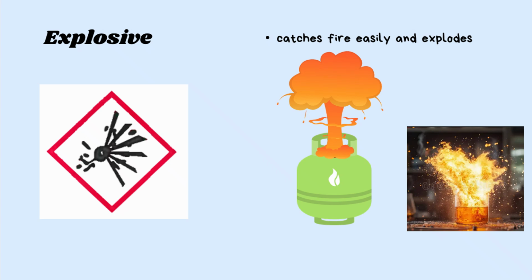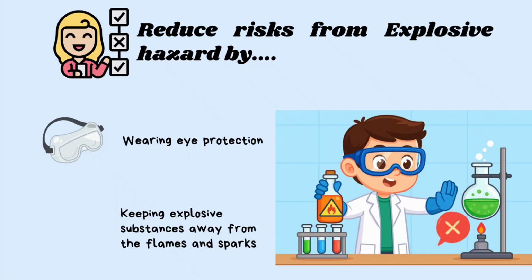So now this hazard is an explosive hazard. As you can see in the symbol, it shows that something is exploding. So looking at the symbol only, you will be able to make out that this is an explosive hazard. Now, as soon as this hazard comes in contact with a flame or heat source, it directly catches fire and explodes. So make sure that you're keeping it away from the fire source. Now let us understand how to reduce the risk.